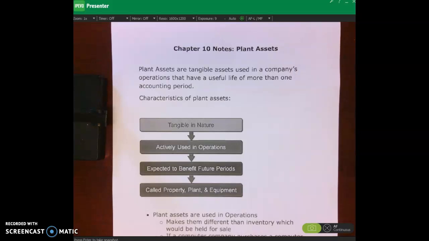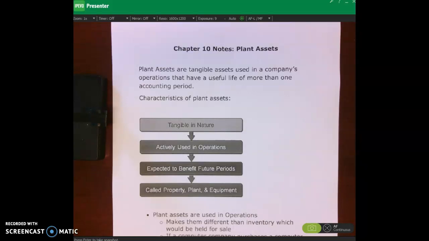All right, so what this is saying is I could have a laptop, for example. A laptop is a plant asset, okay? Now this laptop, if I'm Dell Computers, if it's used in company operations, that means it's used by the CEO or the CFO or the CIO or even the office admin to do their jobs.